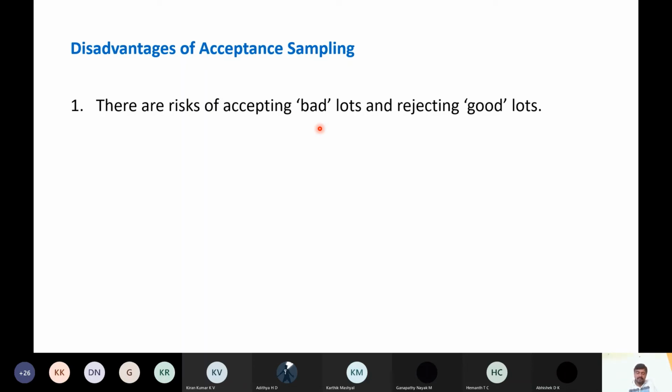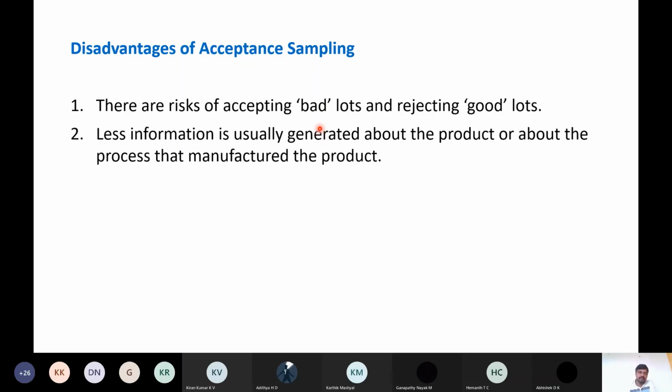Similarly, the lot may have a number of defectives, but the picked units may be good. Because the units chosen for evaluating quality are good, we consider the entire lot as having good quality. So this is one disadvantage.